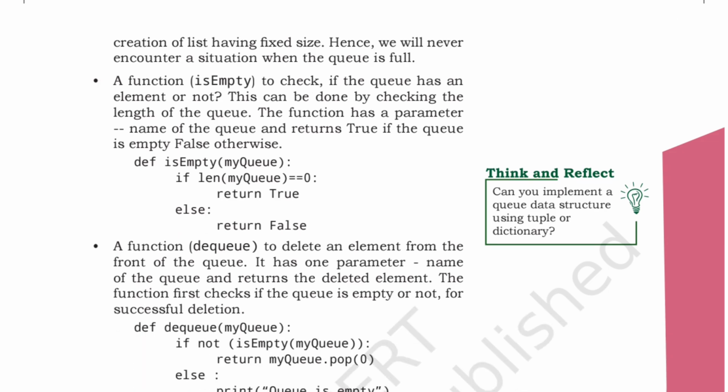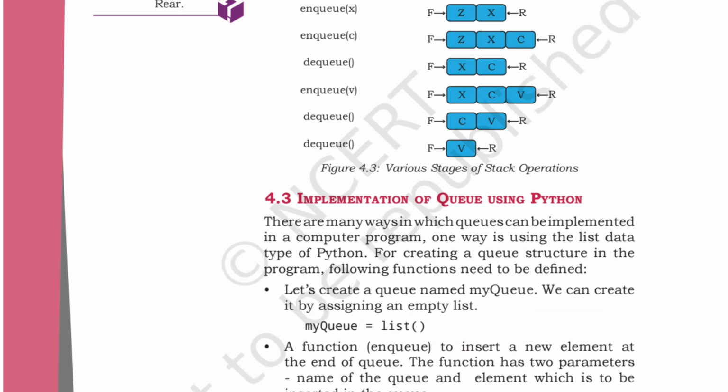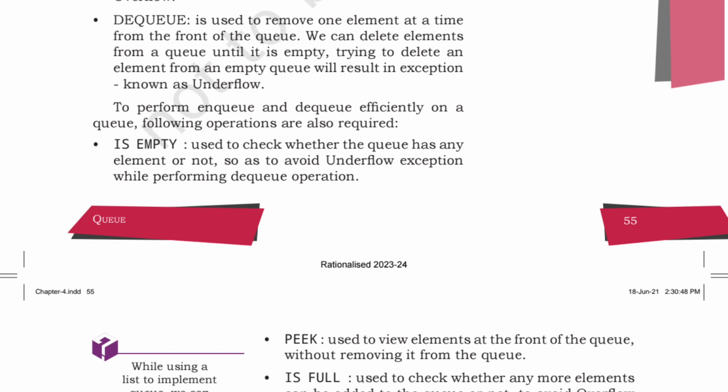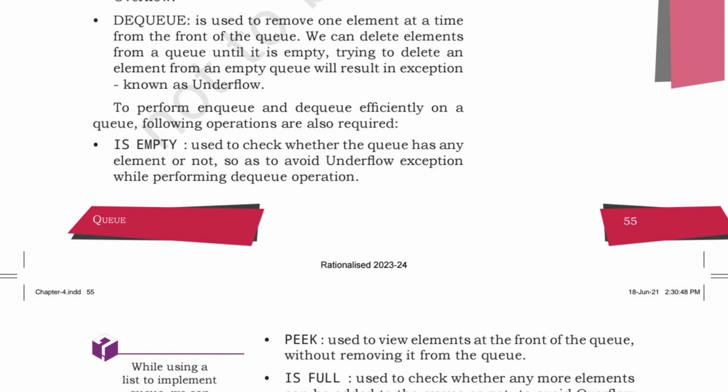Then dequeue, a function to delete an element from the front of the queue. It has one parameter, the name of the queue, and returns the deleted element. The function first checks if the queue is empty or not for successful deletion. Already I taught you about dequeue, that it removes the element from the front of the queue, that is your tail.